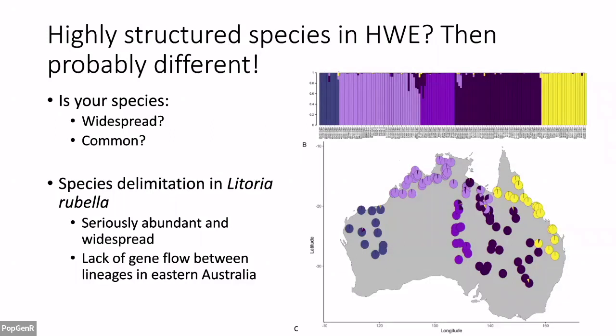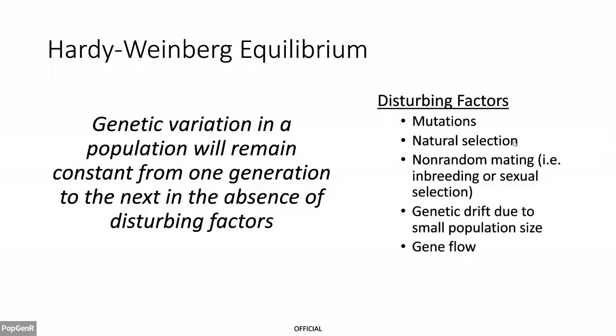So this is hyperabundant, but what you can see is a complete lack of gene flow across the East Coast, right? So in this species, there is nothing that suggests this is an issue where there's non-random mating, genetic drift, right?